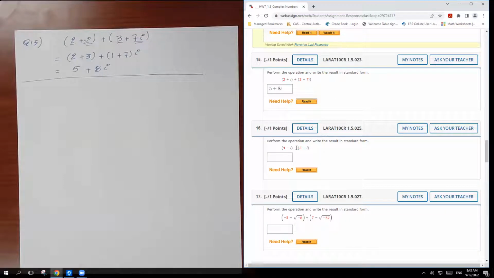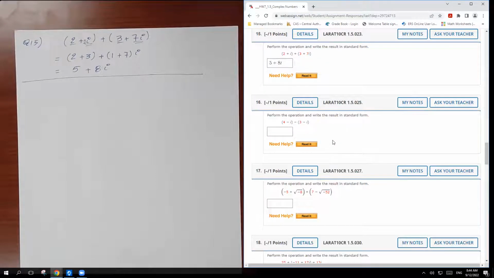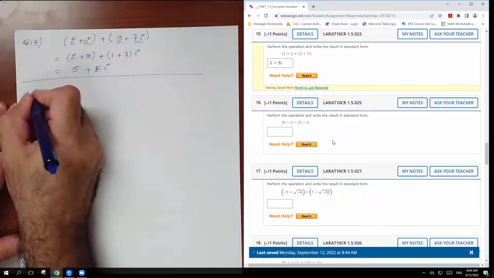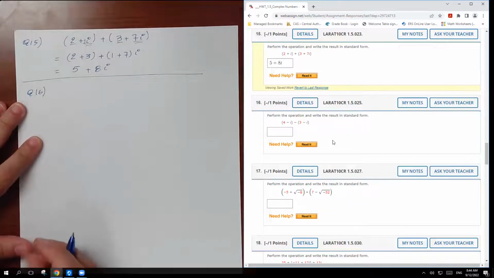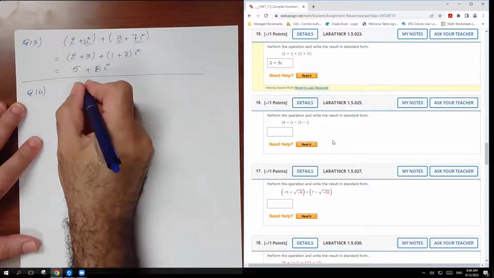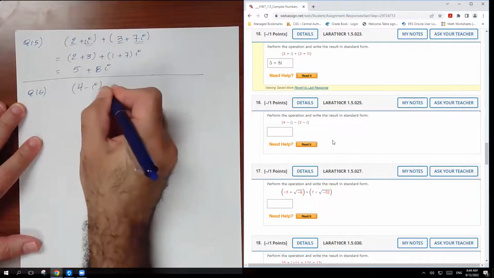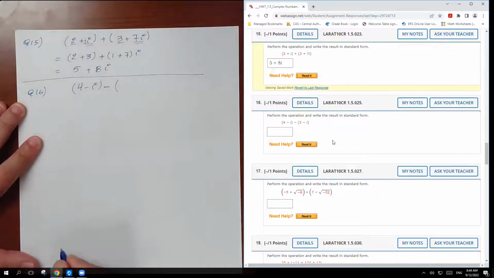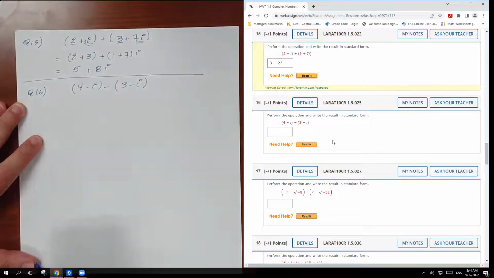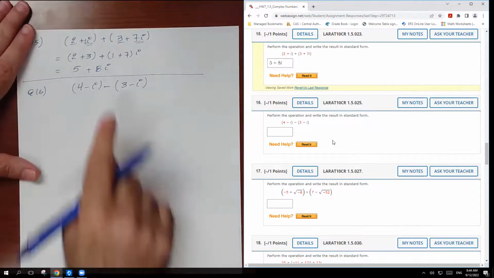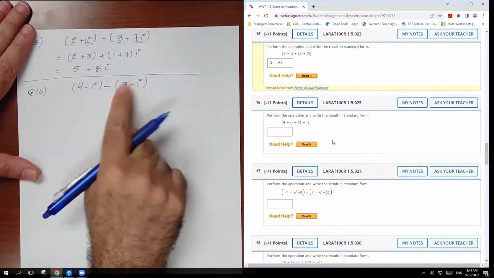The same thing now, we have minus between two complex numbers. Let's check how we're going to subtract these two complex numbers. So question 16 is going to be 4 minus I and we will say minus 3 minus I. You have to be careful here because now there is a negative sign for these two numbers.